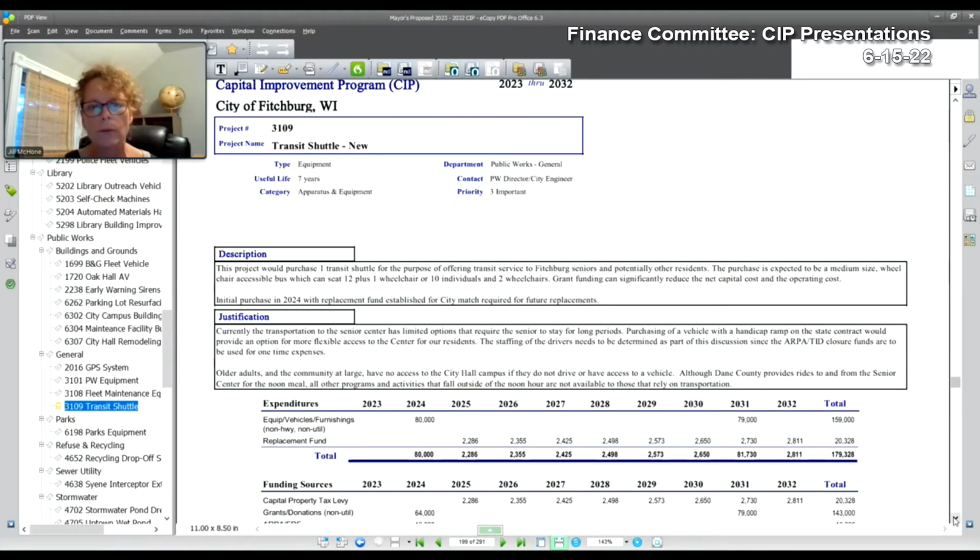So again, I will still continue to advocate very strongly for more transportation in Fitchburg that complements the metro transportation, and ask that the council do the same, possibly looking at some grant money to do a transit study in 2023. So I just wanted to comment about that.